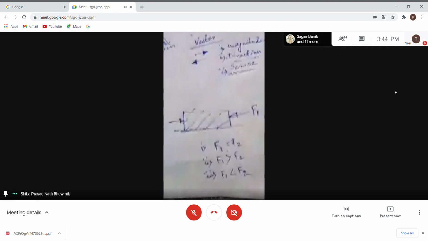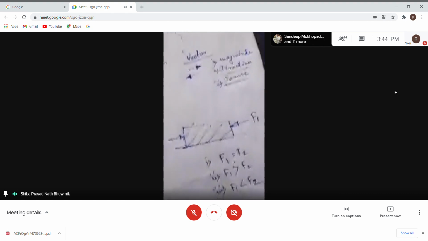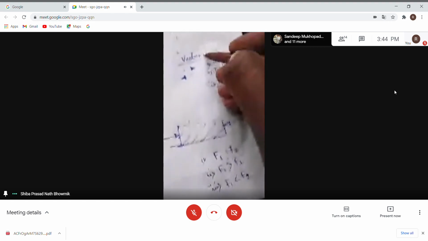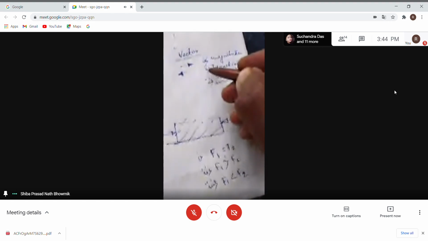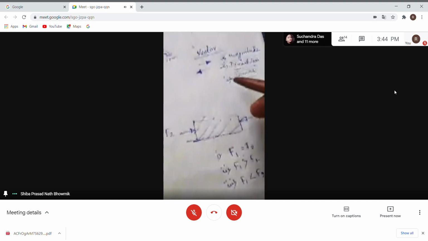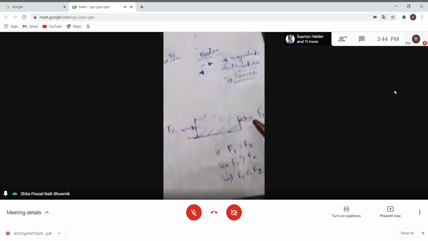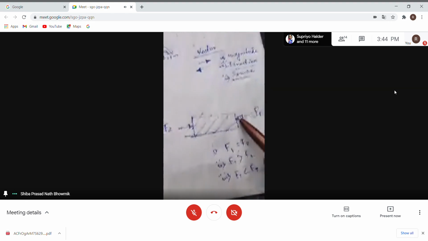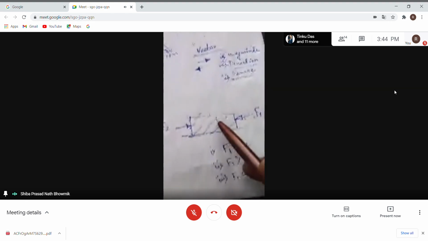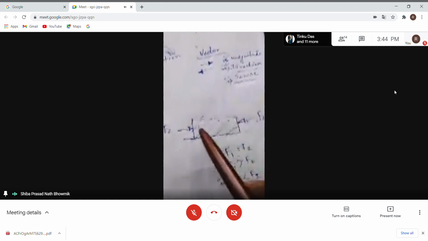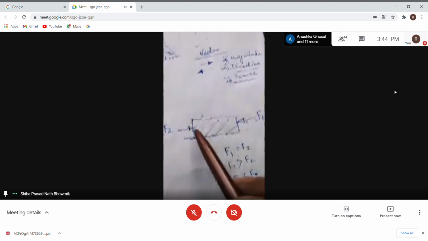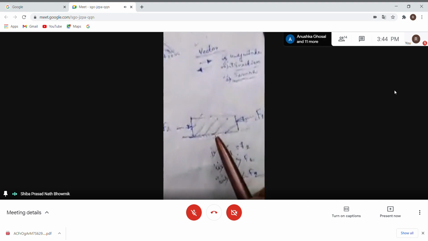So this quantity satisfies that it has magnitude, it has direction, and side by side, see, both of these two are the same quantity, this is also force, this is also force. But what is the difference? The difference is only the direction in which it is acting.